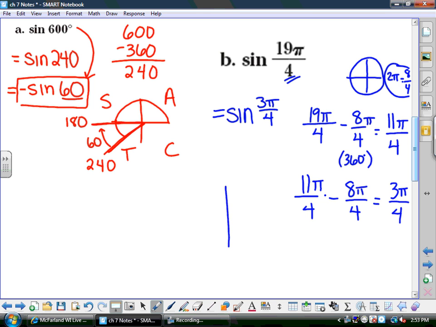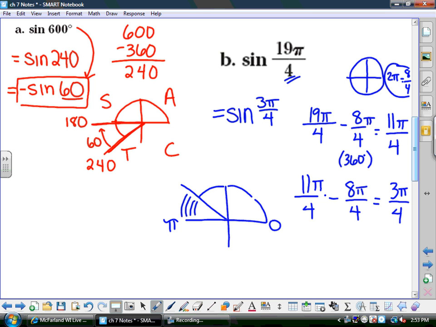But we are supposed to be in the first quadrant. And 3/4, see, here's 0, there's pi, and this is 3/4 of the way there. So 1/4, 2/4, 3/4. Not the first quadrant. So I need to find the reference angle.